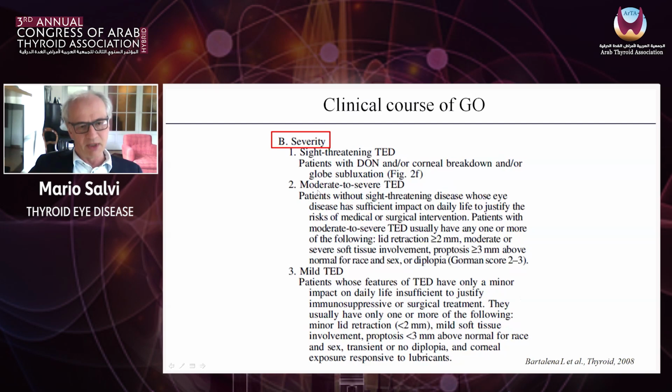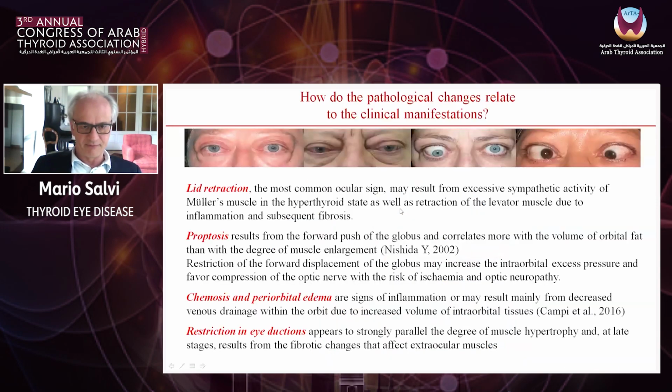What is in between is the group of moderate to severe eye disease, in which it is necessary to plan therapeutic interventions, because this form of disease has really an impact on the patient's life.